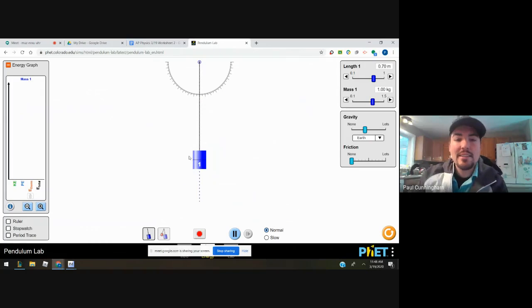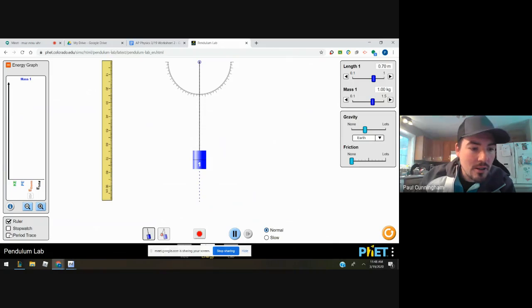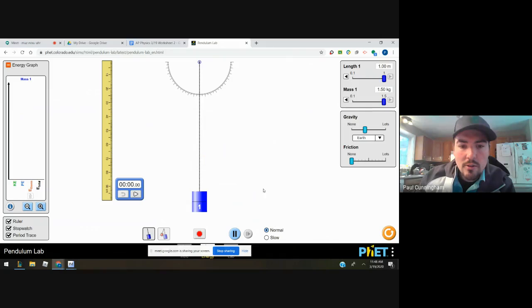All right, this is a simple pendulum. So I'm going to do a couple things. Let's along. I like the length. Earth, that's good. Mass, let's jack it up. Length, let's go all the way.